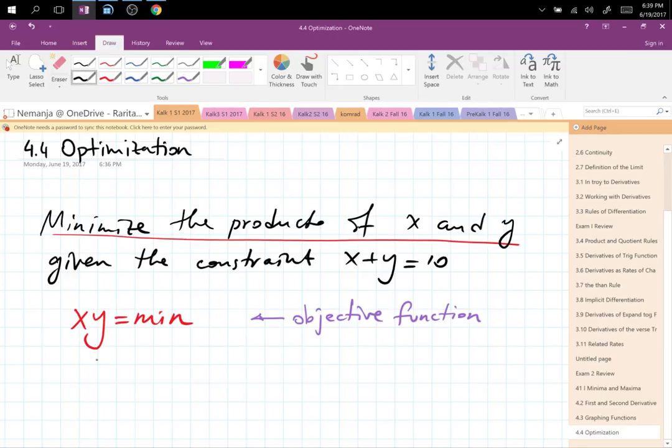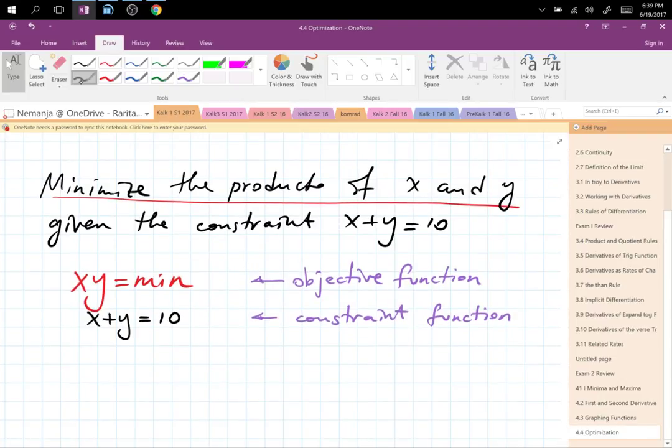The other equation that is given to us is called the constraint function. And now look what you have. You have two equations and two unknowns.